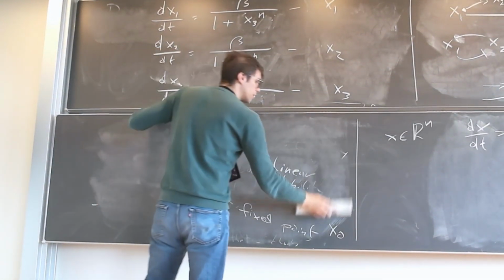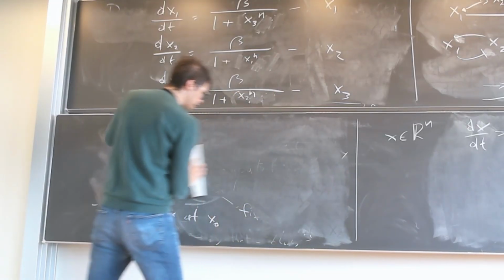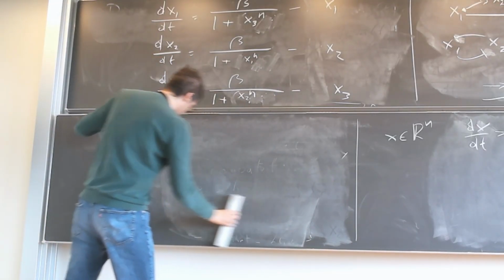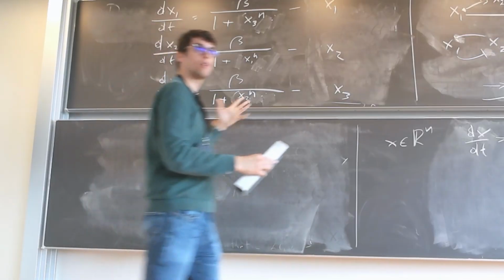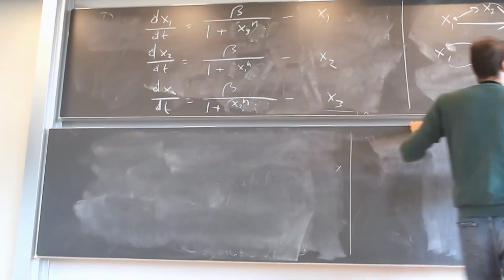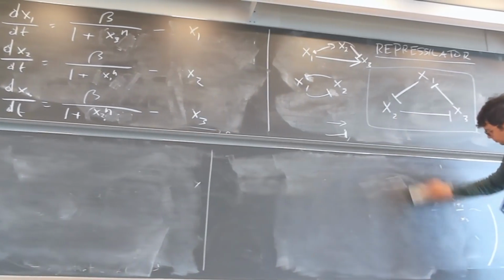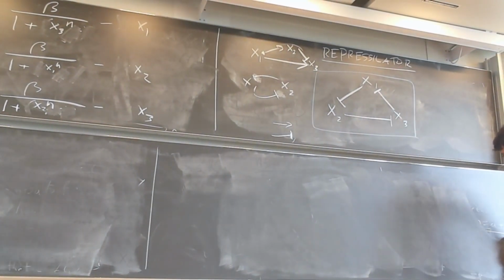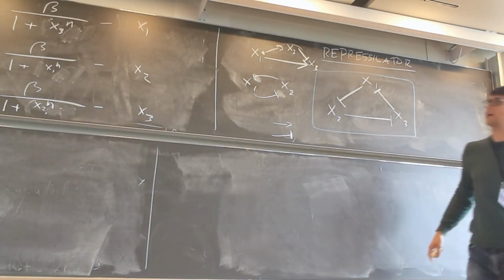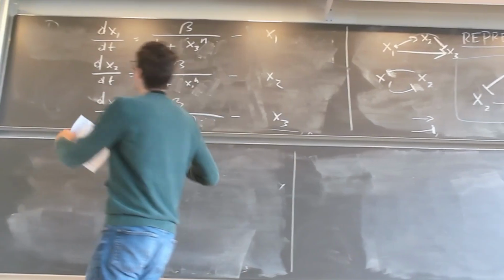Okay, and the first step in our linear stability analysis is to find a fixed point. So let's find all the fixed points of this ordinary differential equation. Again, how do we do that? We just set all these derivatives to 0.